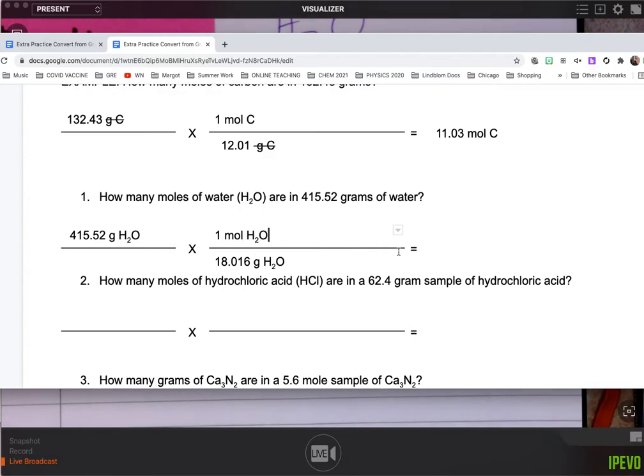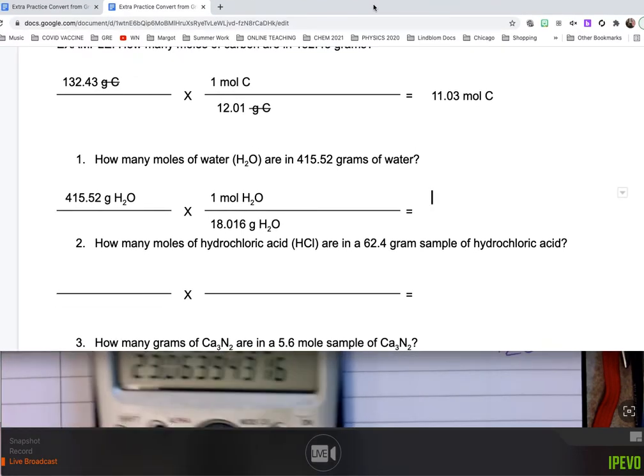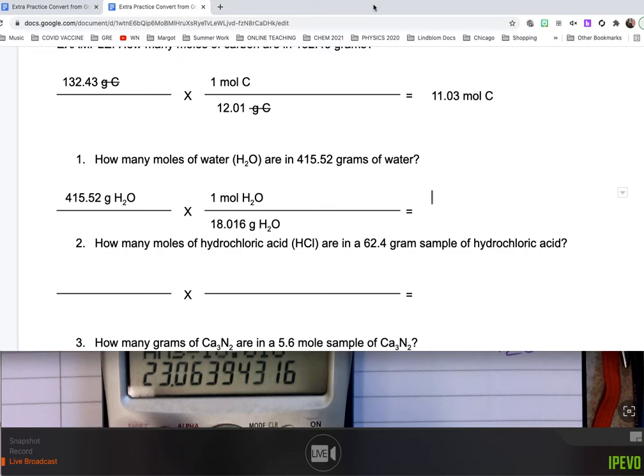As I'm solving for this, I'm going to be doing 115.52 times 1 divided by 18.016. This is what my calculator looks like down here: 23.063.